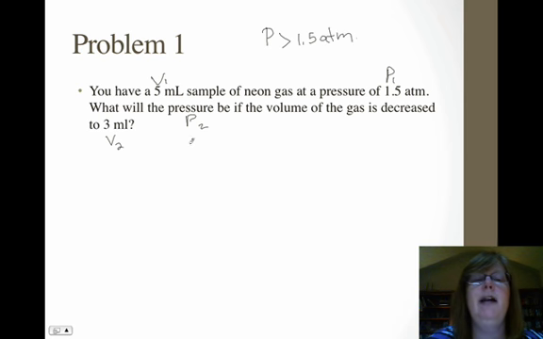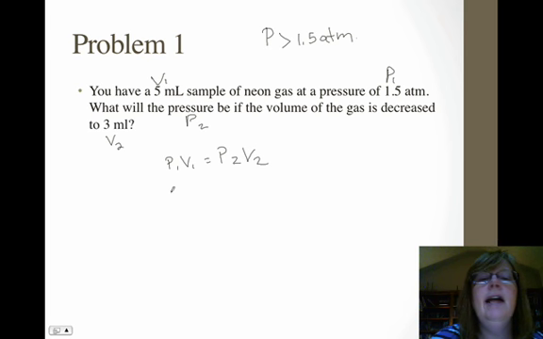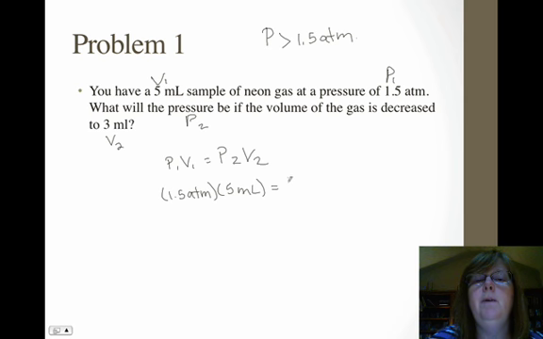So let's go ahead and set this up. P1 V1 is equal to P2 V2. And our P1 is 1.5 atmospheres. Our volume is 5 milliliters. Our P2 is what we're solving for, and our new volume was 3 milliliters.